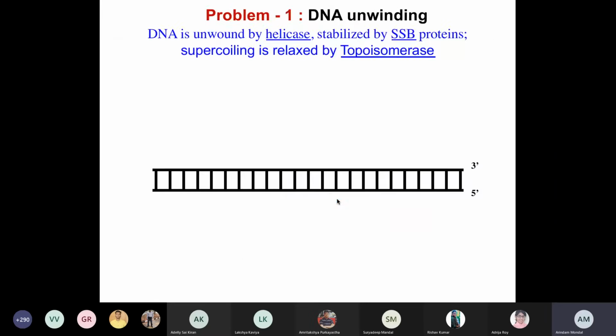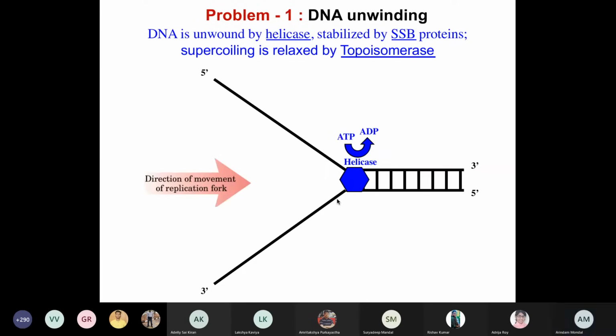Okay, so there is one particular enzyme called helicase, which can rupture the base pairs, the hydrogen bonds responsible for the base pairing, so that it can separate the two DNA strands from each other at a physiological temperature. That means at a regular temperature, at room temperature. It can separate the two DNA strands by breaking all those hydrogen bonds.